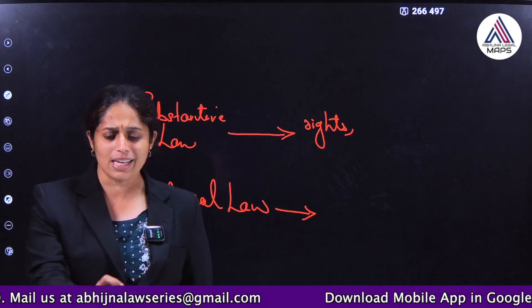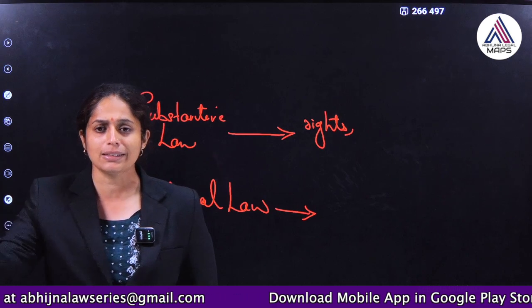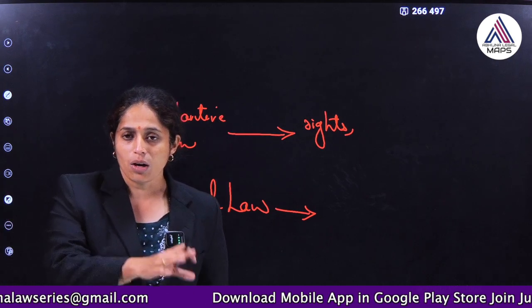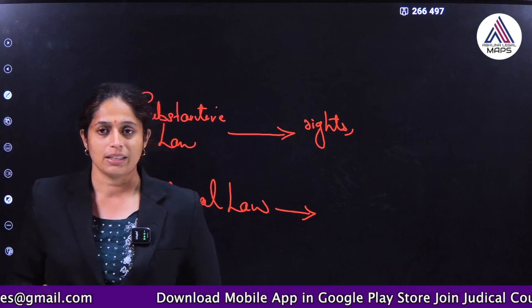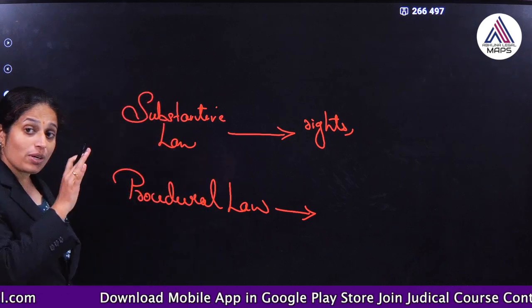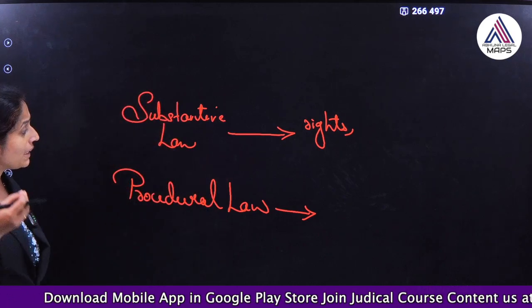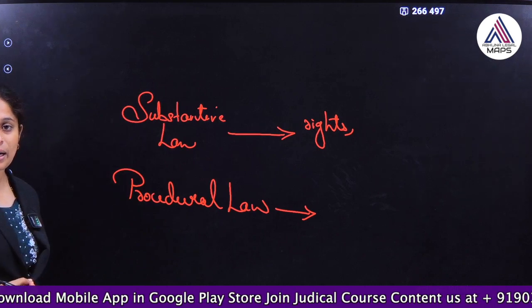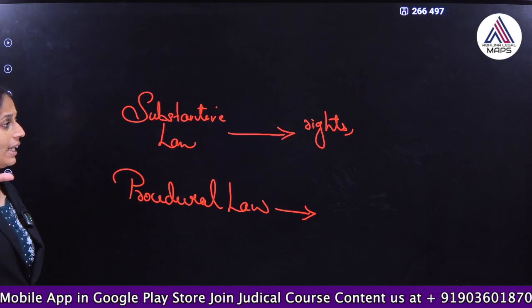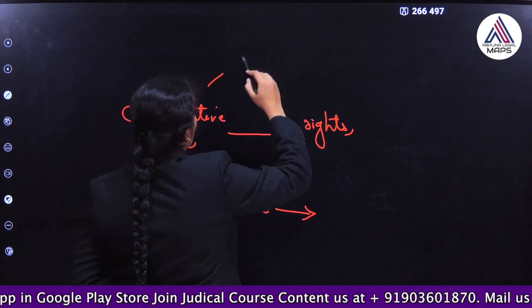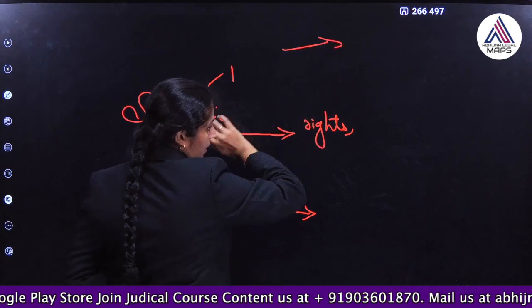So, it says that this is this, this is not this, okay. It defines certain rights and that is known as substantive law. Best example is IPC or Bharatiya Nyaya Samhita. It only says this is an offence and for this offence this much is the punishment.